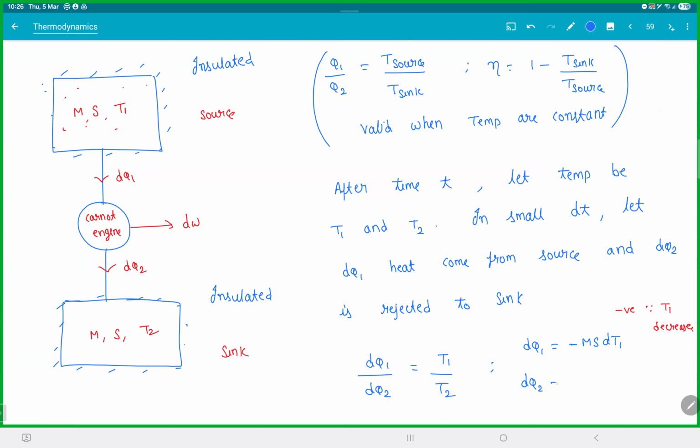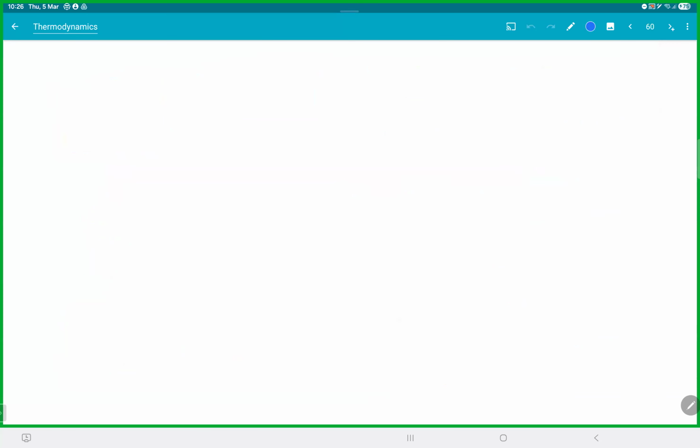Similarly, dq2 will be plus ms dT2, since the temperature is rising. Now if I substitute here, minus ms dT1 by ms dT2 is equal to T1 by T2. ms will cancel. So minus dT1 by T1 is equal to dT2 by T2.